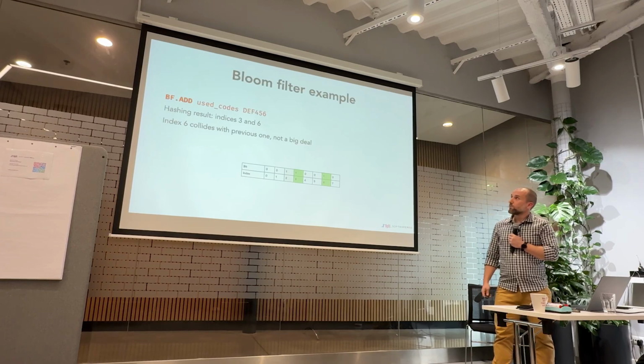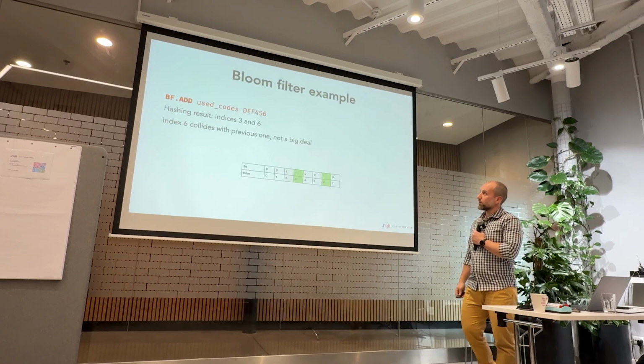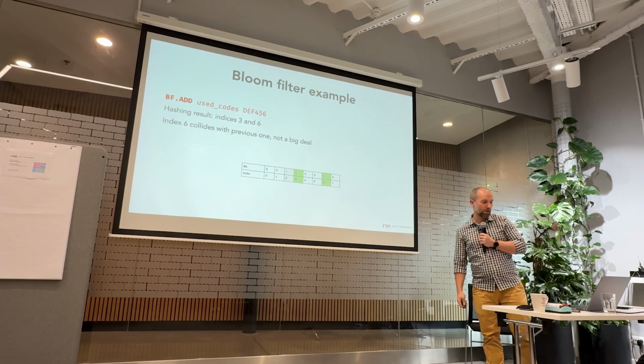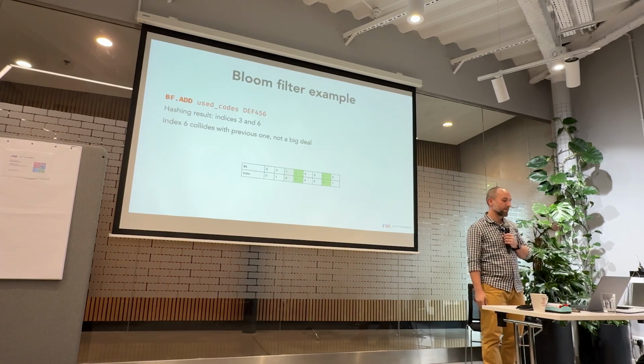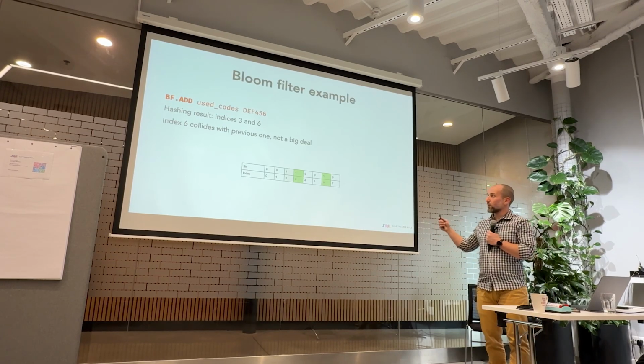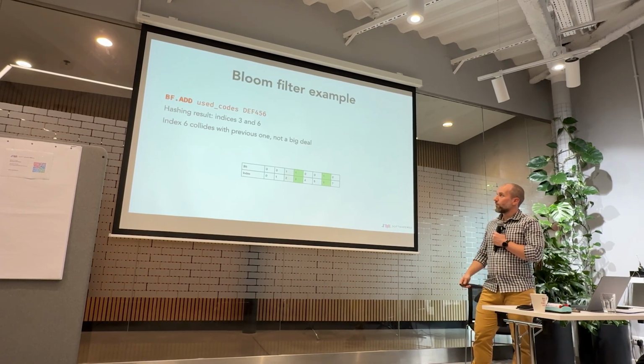Then we try to put yet another element in our Bloom filter, DEF456, and the hashing result gives us the indices 3 and 6. So we put that in there. The index 6 collides with the previous one for ABC123, but it's not a big deal.